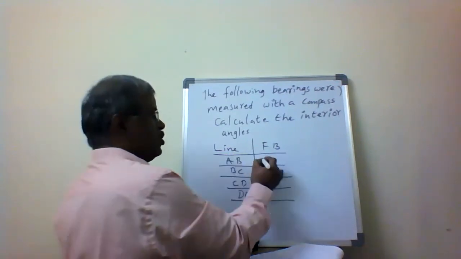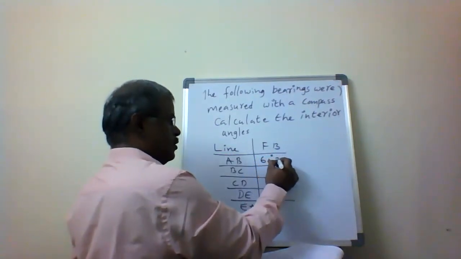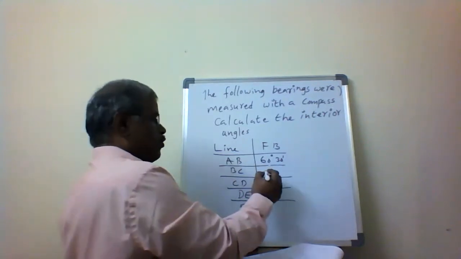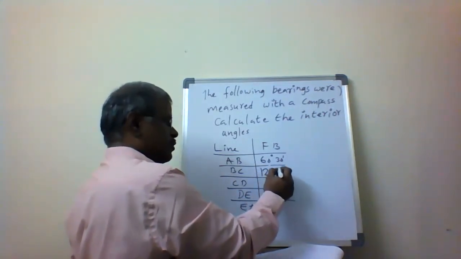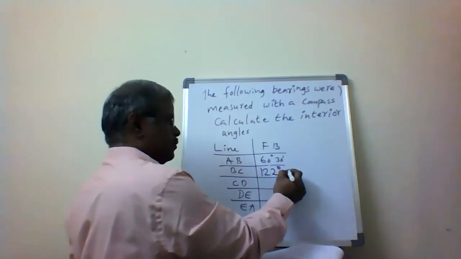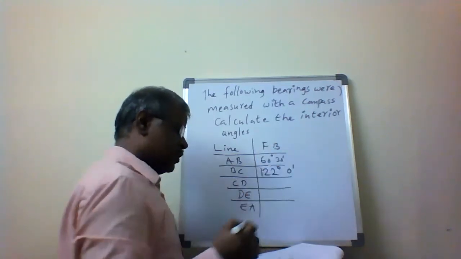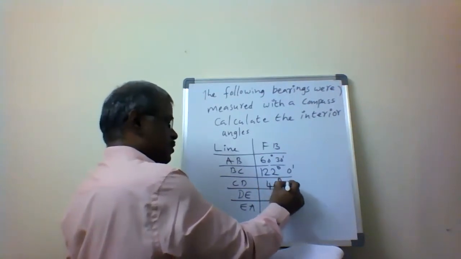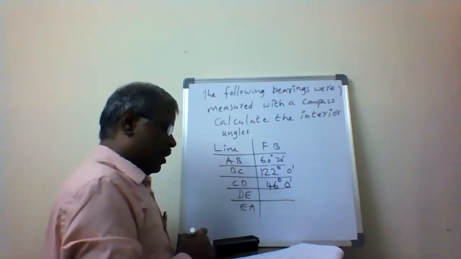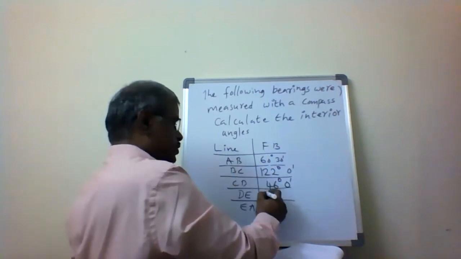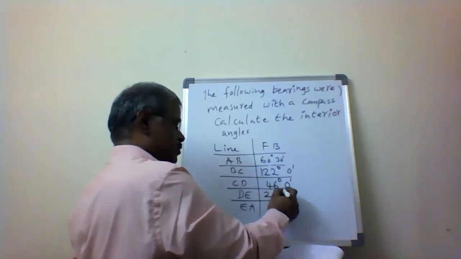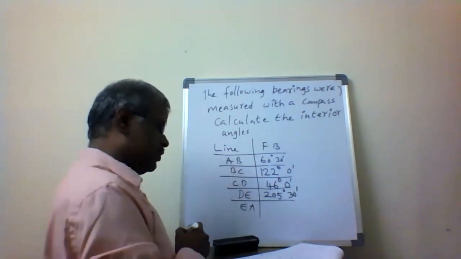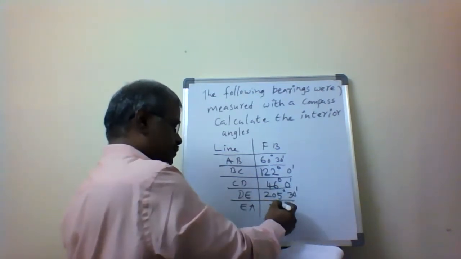AB is 60 degrees 30 minutes. BC is 122 degrees. CD is 46 degrees. DE is 205 degrees 30 minutes. And EA is 300 degrees.